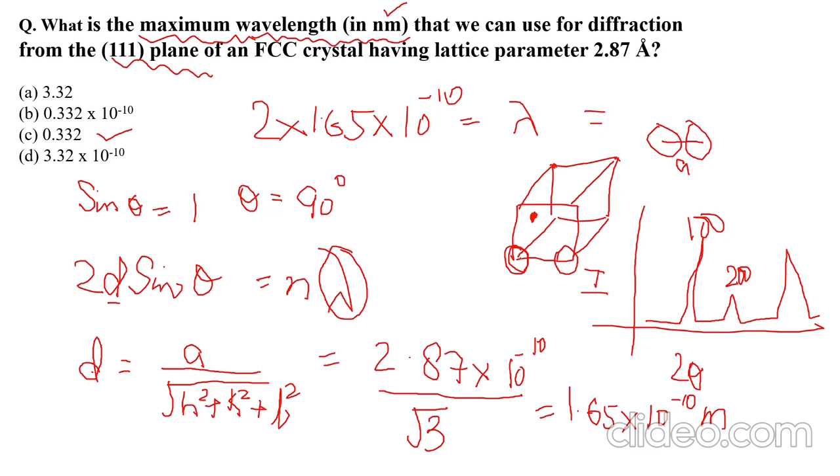But because this structure is not a simple cubic structure, it will have some FCC atoms in between. The distance between these two corners will be pushed. So these two will not be the nearest neighbors, but this and this face centered atom will be the nearest neighbors. So that is actually the distance from the centers of the two nearest neighbors.